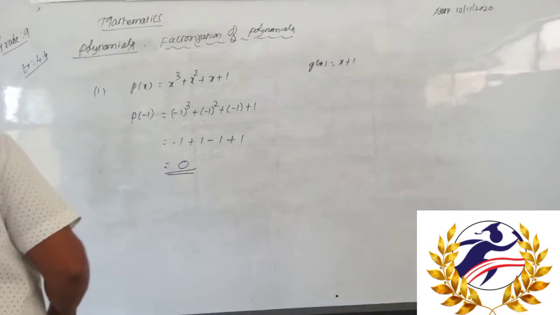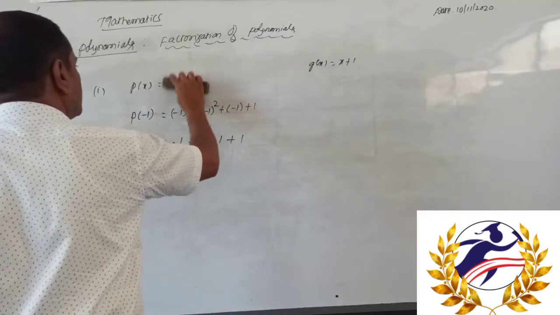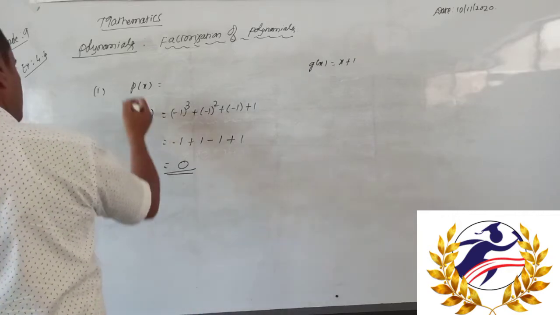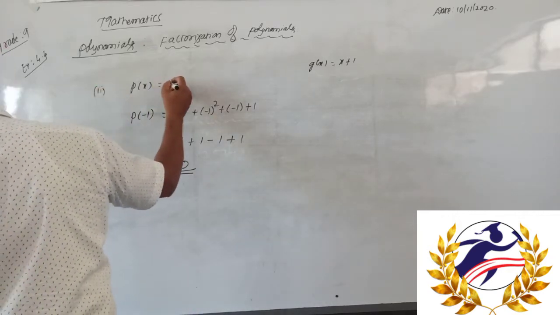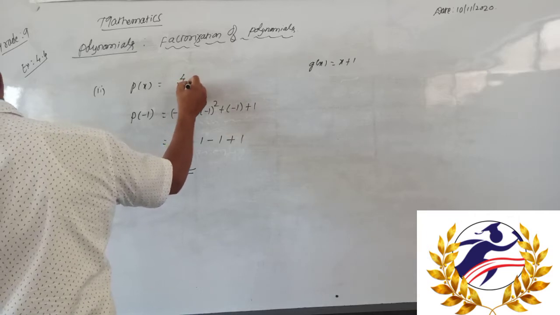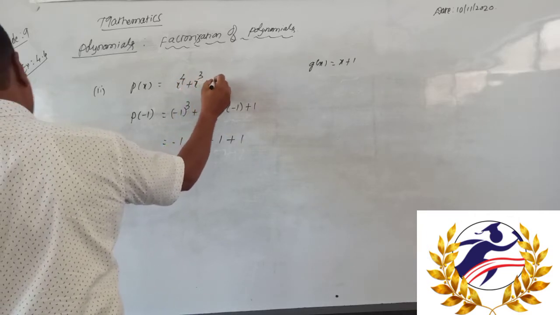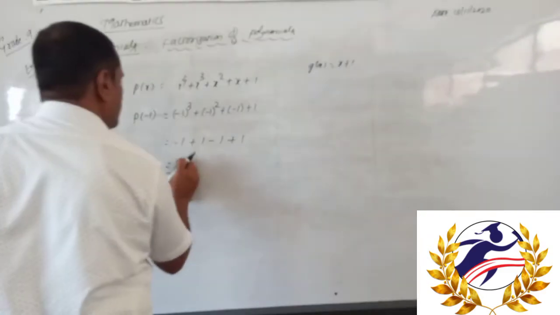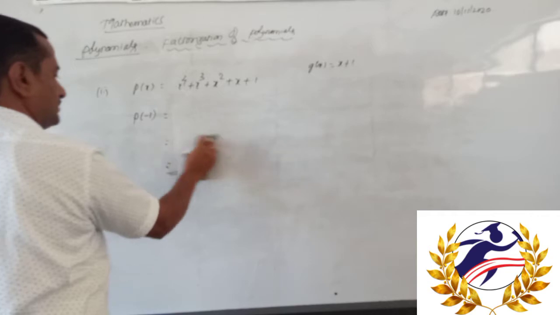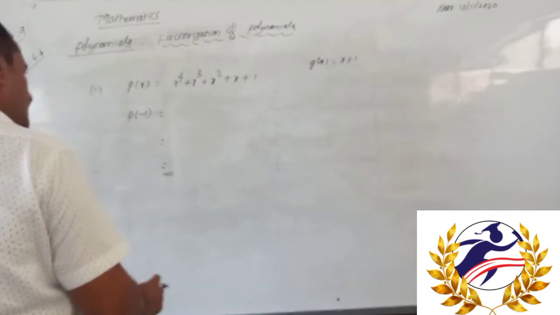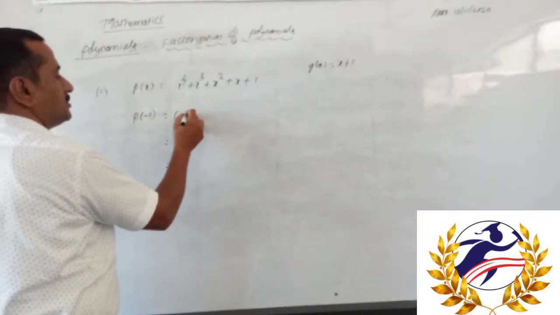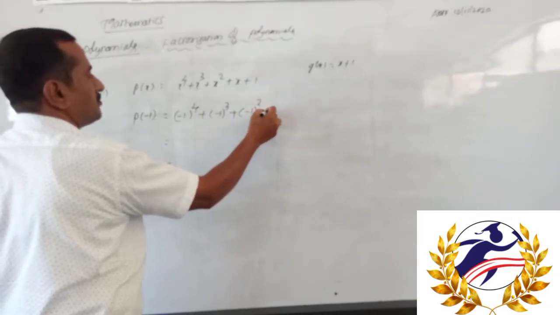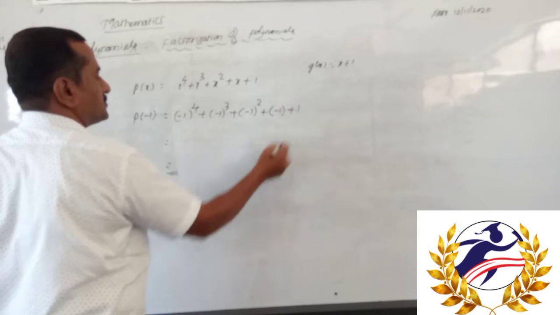Okay, the second one. P of x is equal to x to the power 4 plus x cube plus x square plus x plus 1. Here also we have to check in the same method. So minus 1 to the power 4 plus minus 1 cube plus minus 1 square plus minus 1 plus 1.